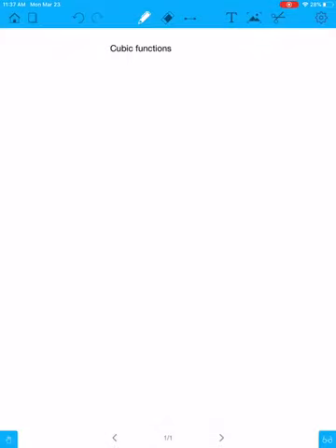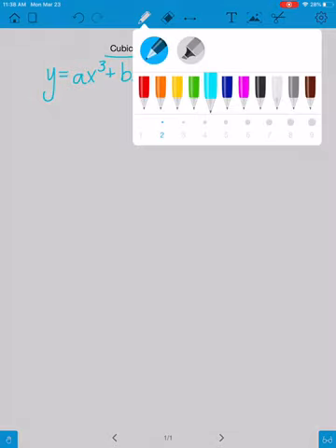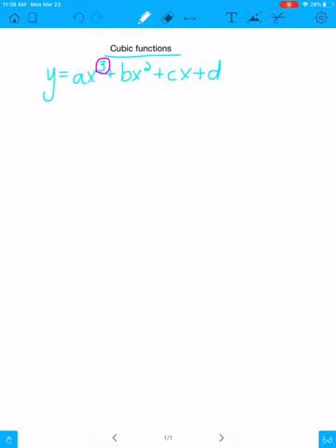All right, cubic functions are in the form y equals ax cubed plus bx squared plus cx plus d. The 3 tells you that this is a degree 3 function, which is an odd degree.